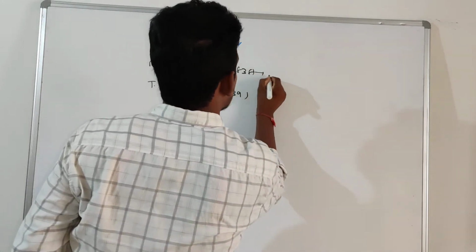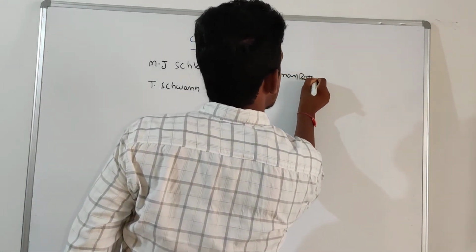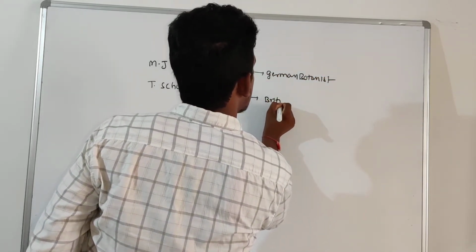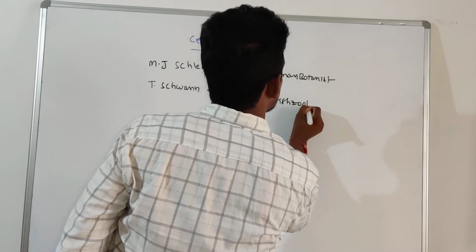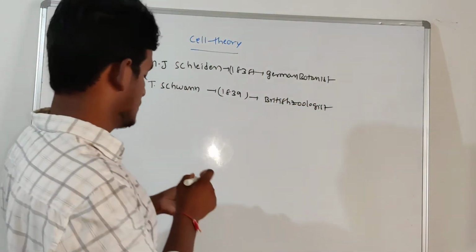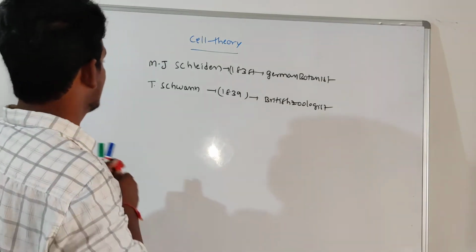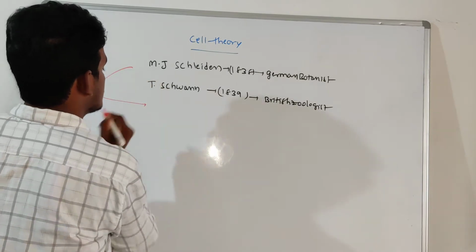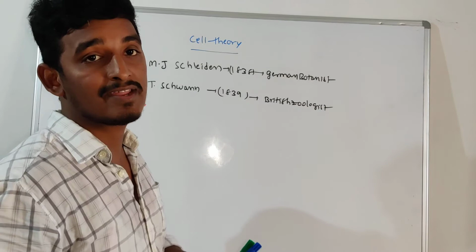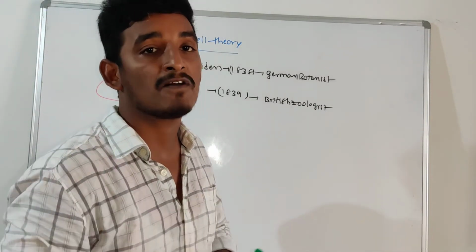Schleiden is a German botanist and Schwann is a British zoologist. M.J. Schleiden gave some points regarding plants. He studied various plants. He told that all the plants are made up of cells.